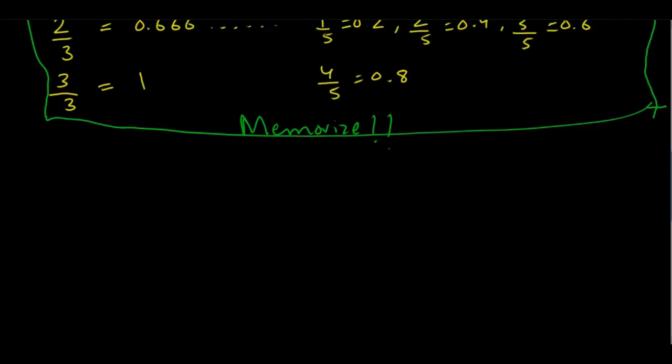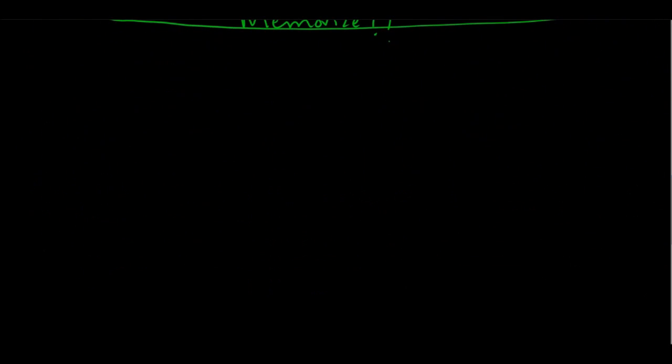Moving on. Up till now we have seen fractions where the numerator, the top number, was less than the bottom number. In this case, if you do the division on the calculator, the result is always less than 1. What if the numerator is greater than your denominator? Let's say 6/5.